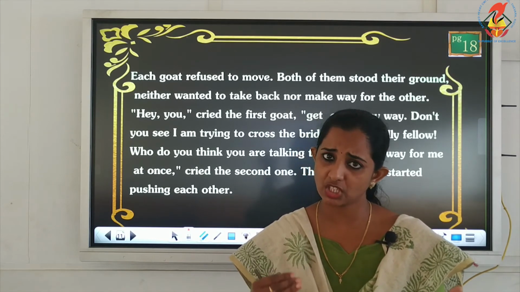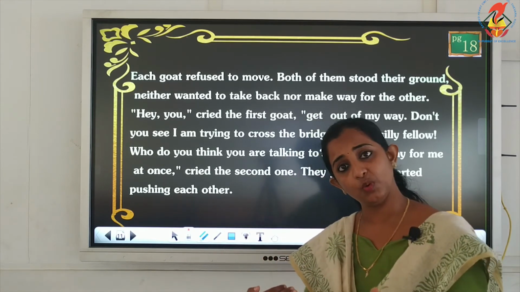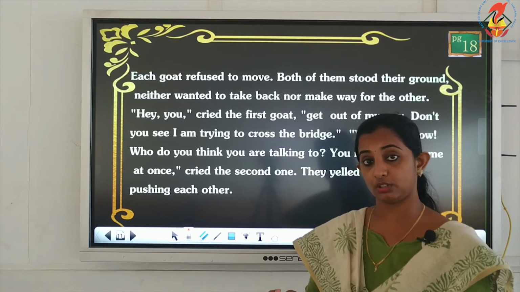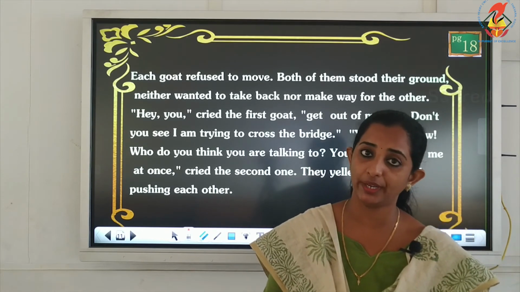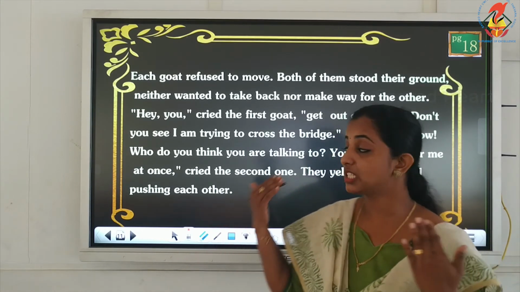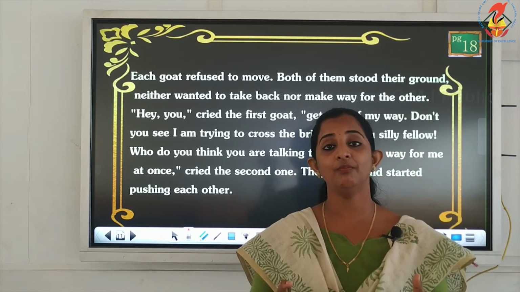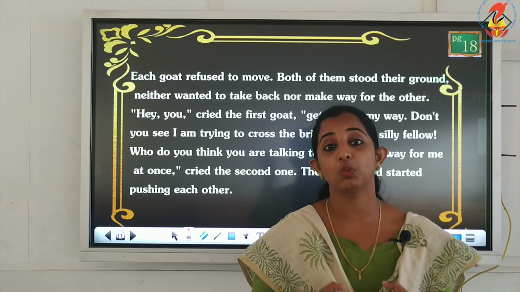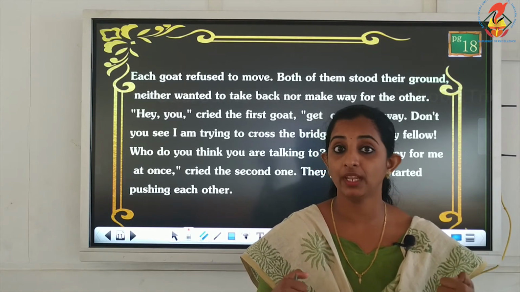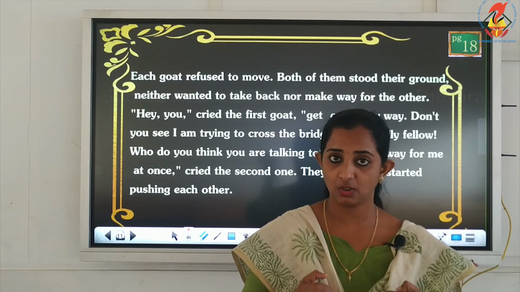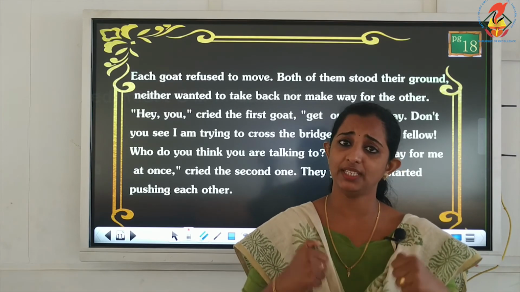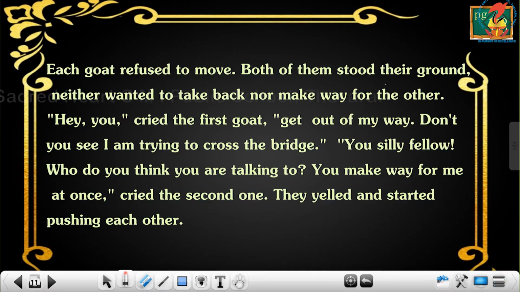They could have just adjusted and given way for the other goat, but both of them did not do it. That is the meaning of they stood their ground.